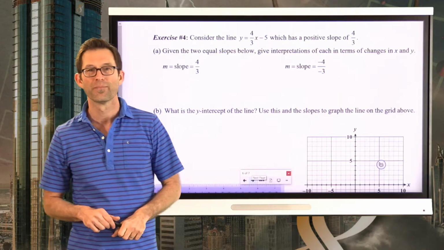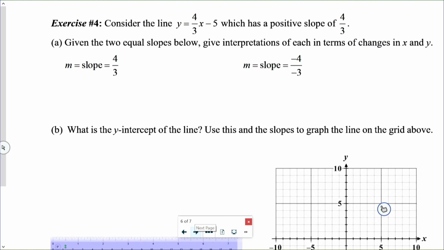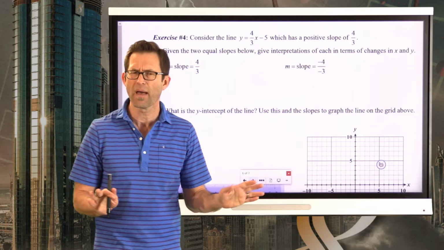Exercise number 4. Consider the line y equals 4/3 x minus 5, which has a positive slope of 4/3. Letter A, given the two equal slopes below, give interpretations of each in terms of changes in x and y. Let's back out for a second.